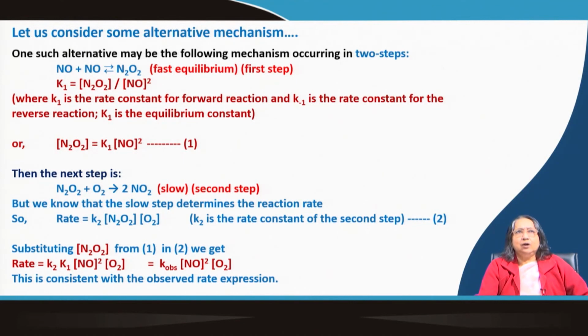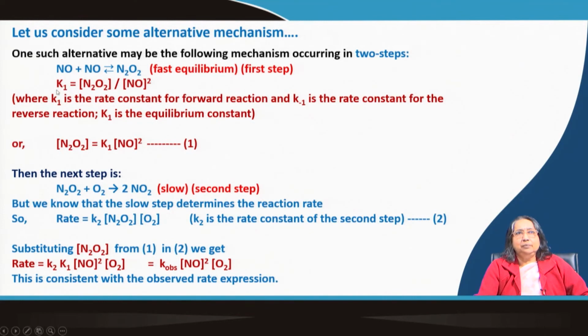Now, an alternative pathway we can think of in this way: NO plus NO gives N2O2, which is again an intermediate. It is a fast equilibrium, and this is the first step. If it is an equilibrium, then we know how to develop the equilibrium expression.